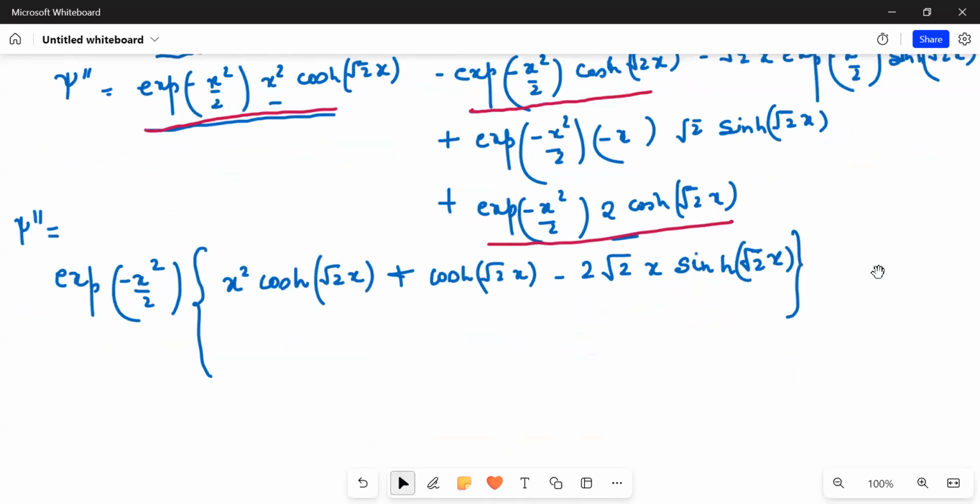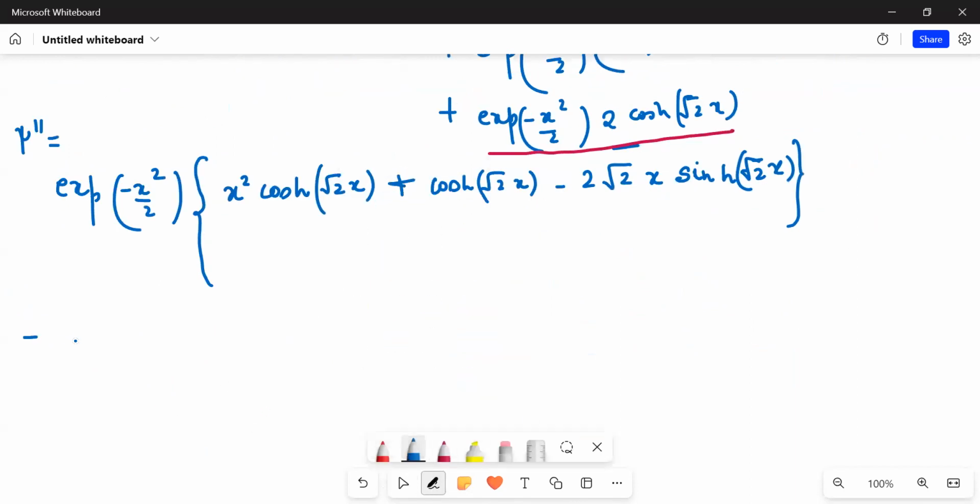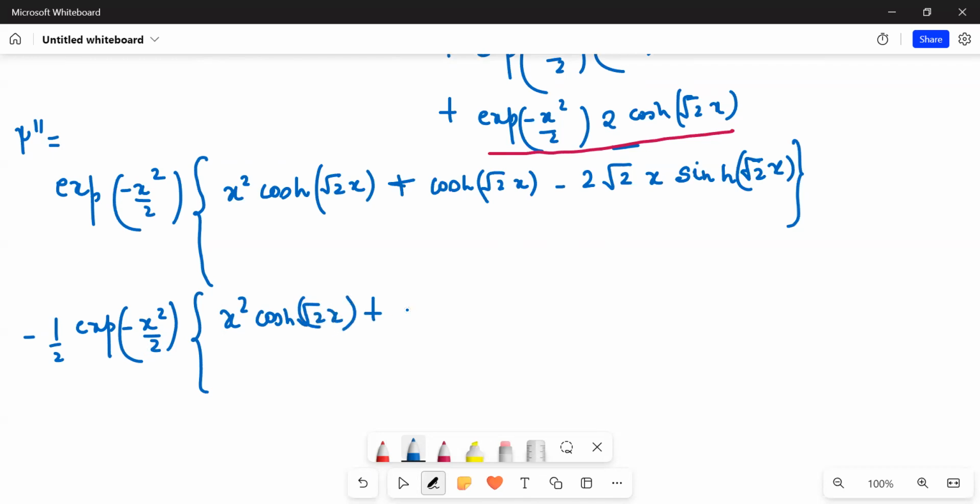So this is psi double dash. I know this is minus h bar square upon twice m, and m we have taken as 1, so this is minus half, times exponential of minus x square upon 2, times x square cos hyperbolic root 2x plus cos hyperbolic root 2x minus 2 root 2x sine hyperbolic root 2x, plus V(x) psi.